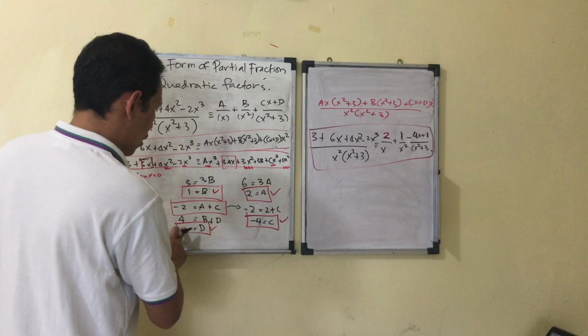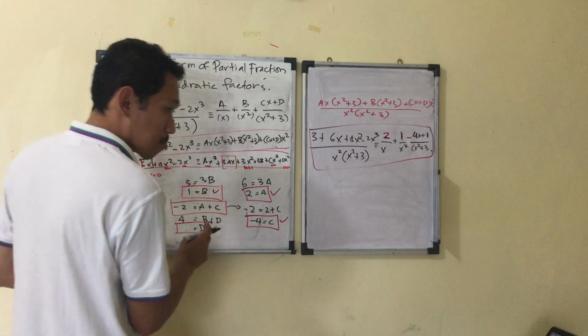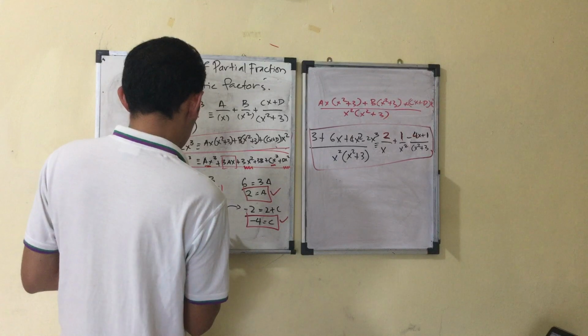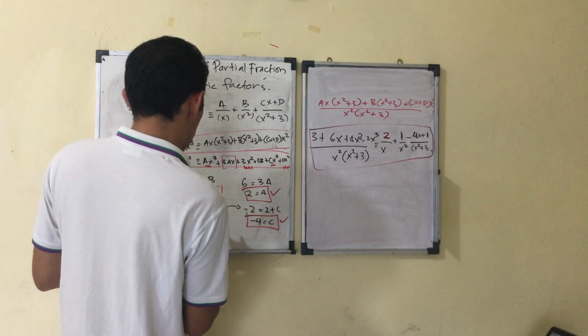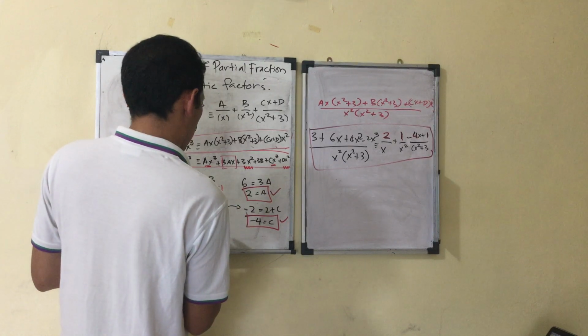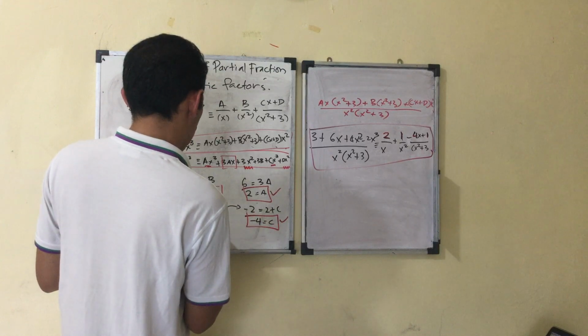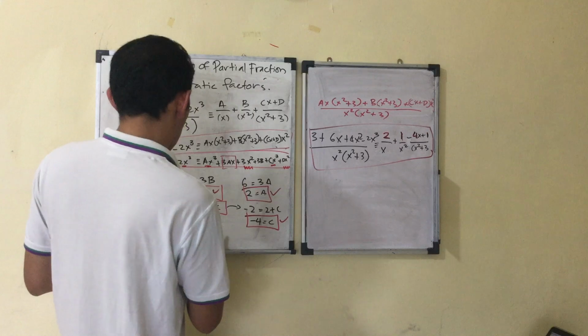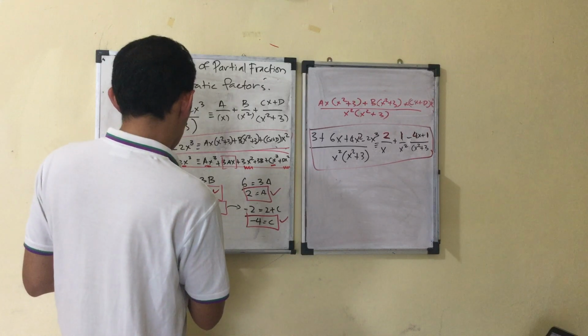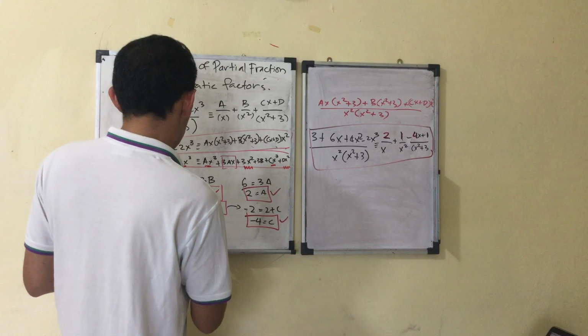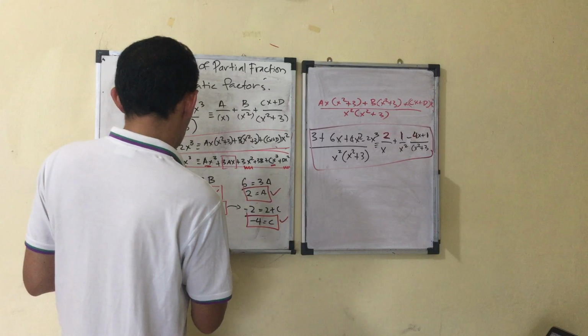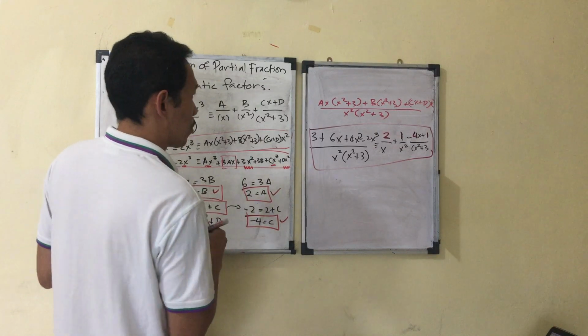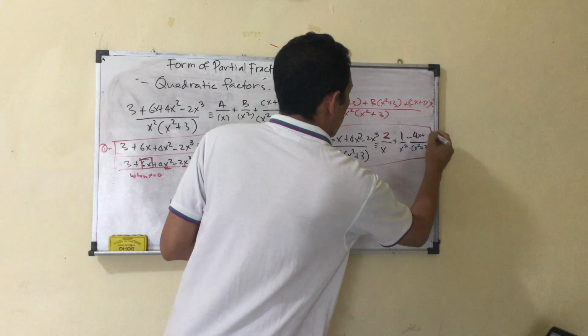So d is actually, 4 is b plus d, so you know b, 1 plus d, which is 4 minus 1, and d is 3. Yes, we can change that.